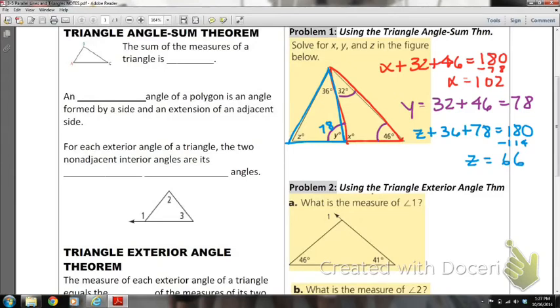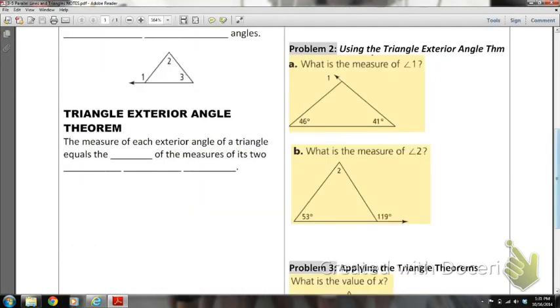Moving on to problem 2, we're going to use the exterior angle theorem on those. So let's move down to that. In problem 2, there's two parts. The first question asks, what is the measure of angle 1?